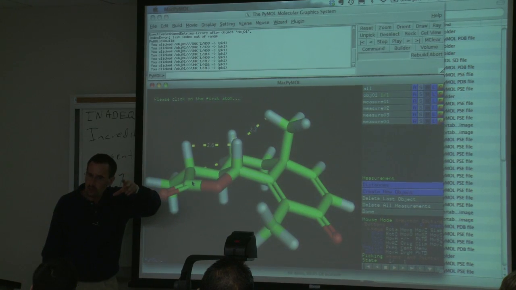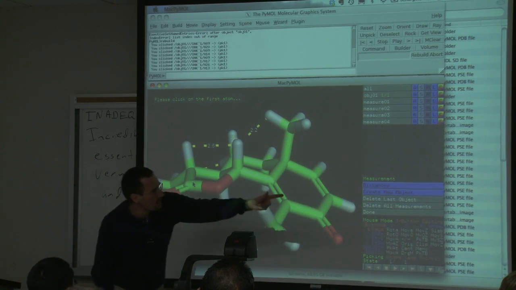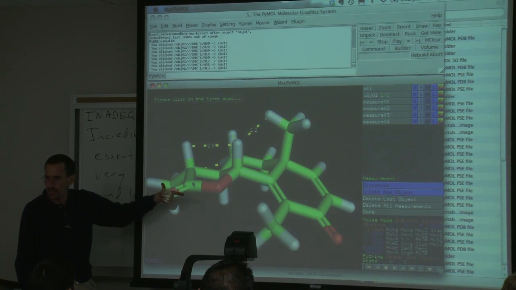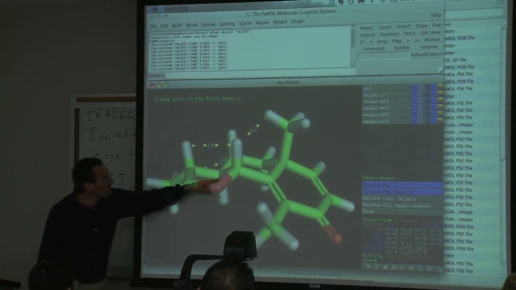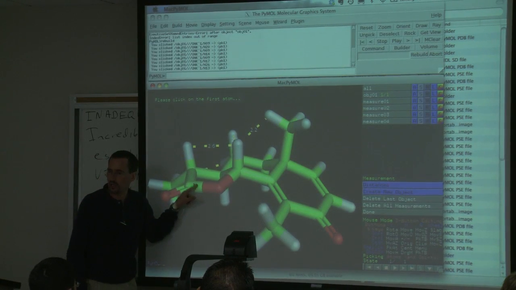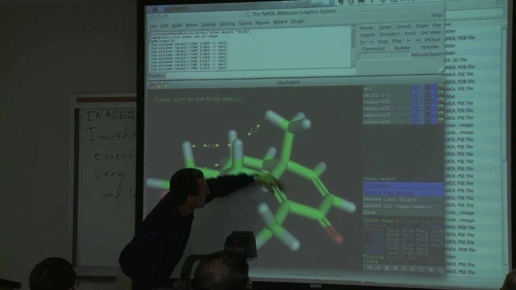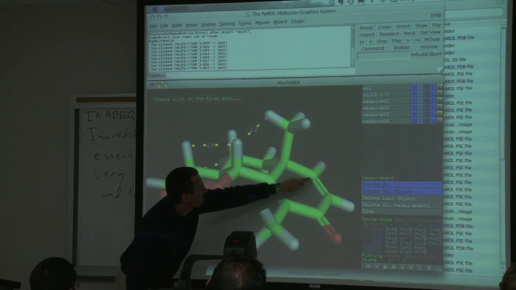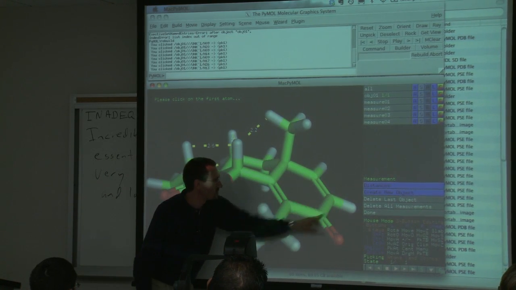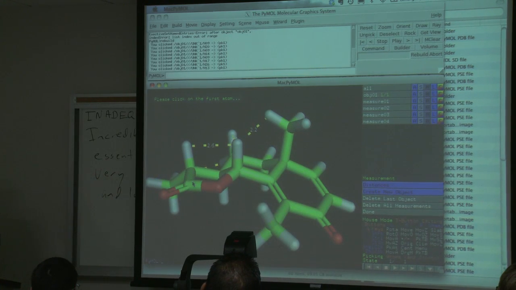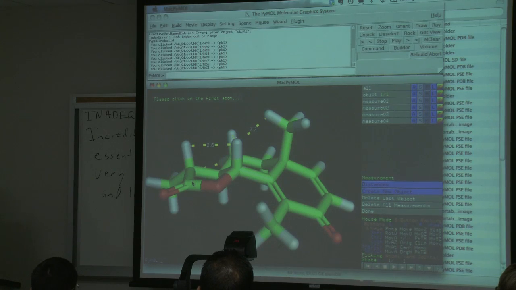So you understand transdecaline, you understand envelope cyclopentane's relationship to chair cyclohexane, and you can fake the conformational analysis of this system, and then you just have a double bond coming off at the middle position here, equatorial position here, and you have that last ring. So there's a lot of power in being able to model and analyze structures.